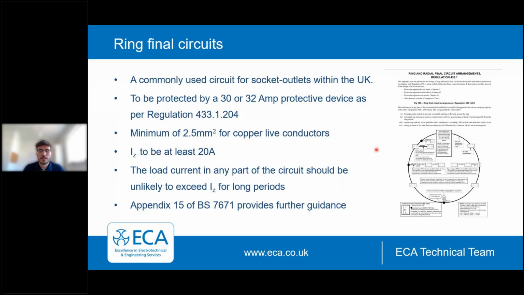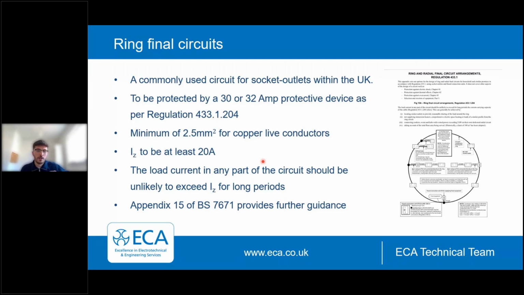Now, ring final circuits are a little bit of a special case in that we look to minimise the risk of overload. So as per that regulation, they're required to be protected either by a 30 or 32 amp protective device. The regulation also requires for copper live conductors that they're a minimum CSA of 2.5 millimeters squared. And then the IZ value is to be at least 20 amps.